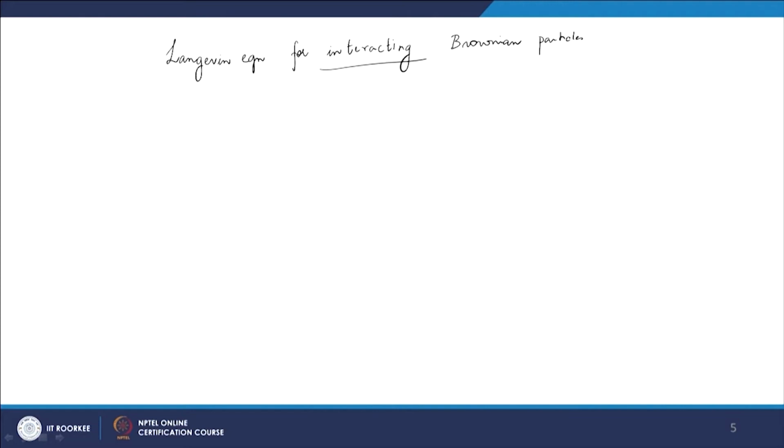So, now we do have a similar form, but with a mobility matrix appearing in our equation.